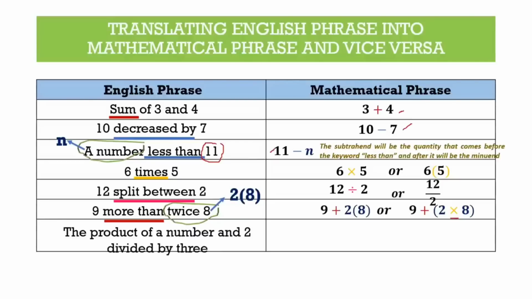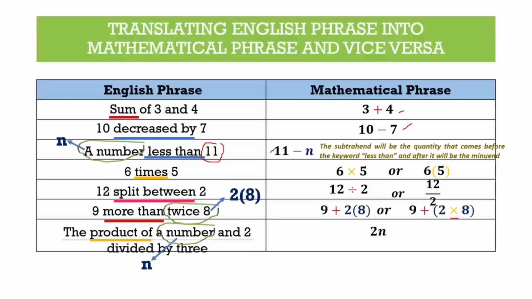And for the last example, we have the product of a number and 2 divided by 3. It sounds complex, but we have to look carefully into the phrase. Okay, so a number is again represented by letter N, since we don't know what number that is. And then we have to multiply it by 2 because it says the product of a number and 2.